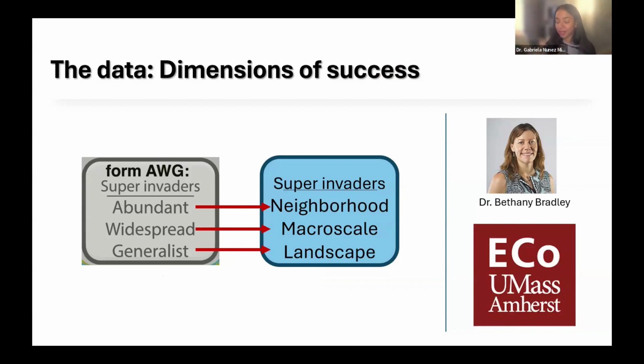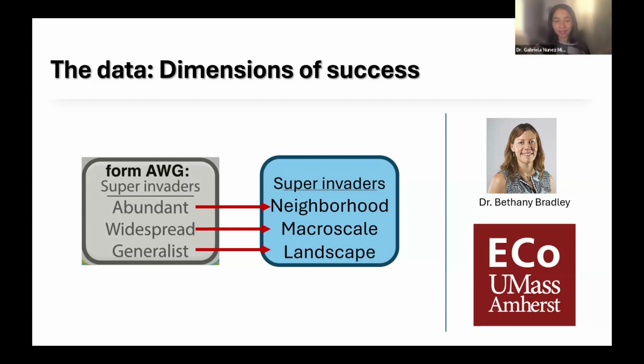In conversations with other scientists, I found out that Dr. Bethany Bradley over at UMass Amherst was working on a similar project and was classifying invasive species and other non-natives that are already in the United States into these categories. So we decided, okay, we'll bring our traits data, you bring your categorization data, and we are going to see what's going on here.